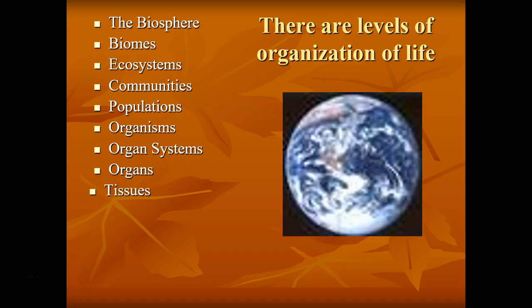Those organs, though, are also made up of different tissues. So if we talk about your brain, for example, you've got white matter, gray matter. These are different tissue types that are functioning and working together to make sure that your brain can do its job every day. But even those tissues then are made up of individual cells, so individual neurons, for example.